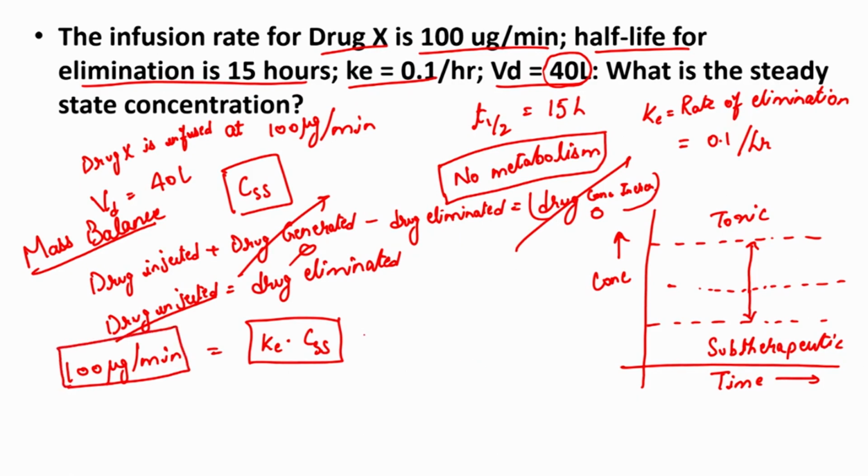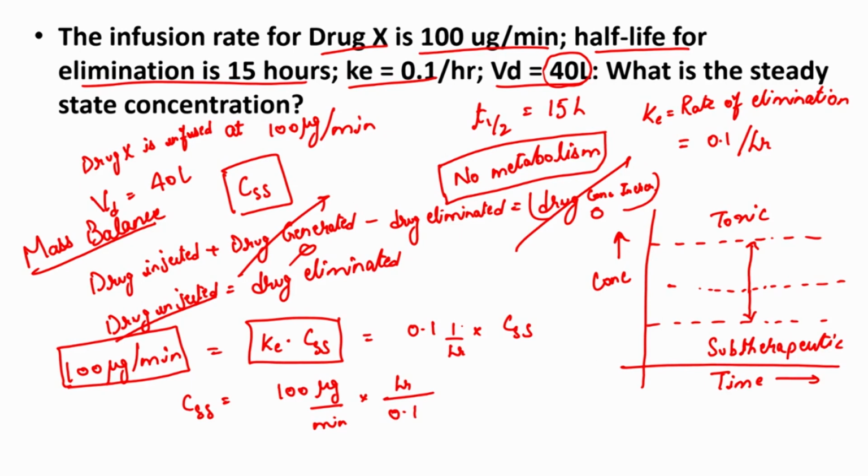If that is the case, then it becomes simple. All I have to do is say that the Ke we know is 0.1 per hour, multiplied by the CSS, and that should give me the steady state concentration. So then CSS will basically become 100 μg per minute multiplied by, correct, now I have to match these units.